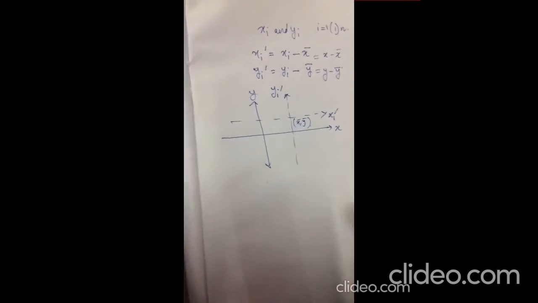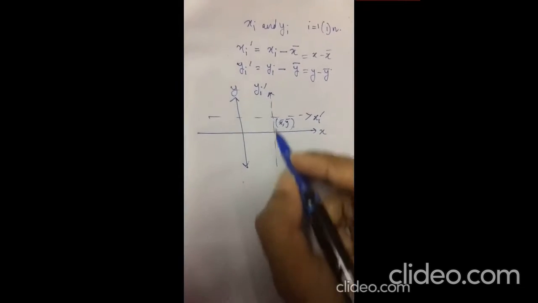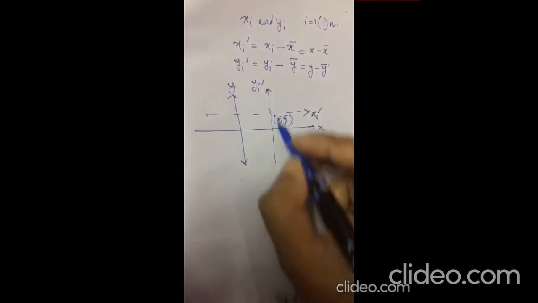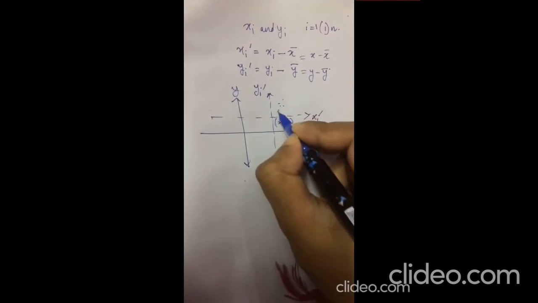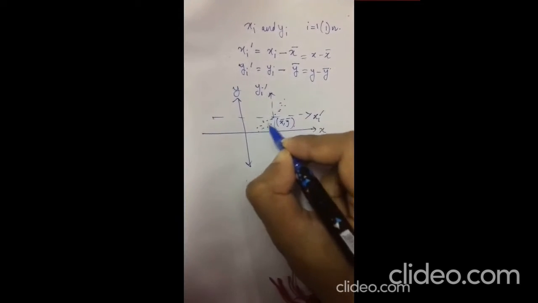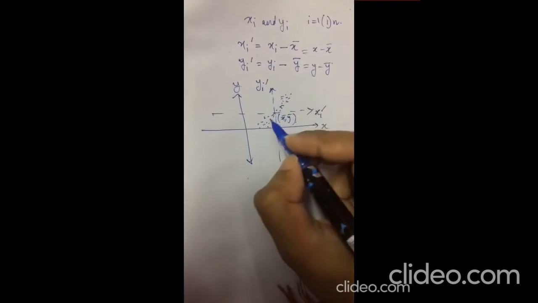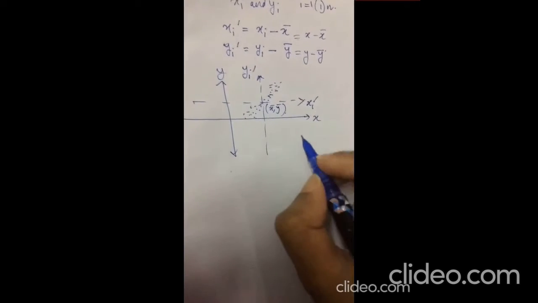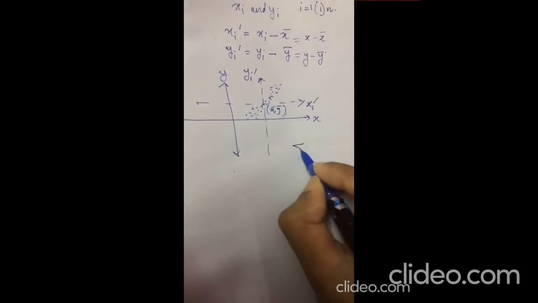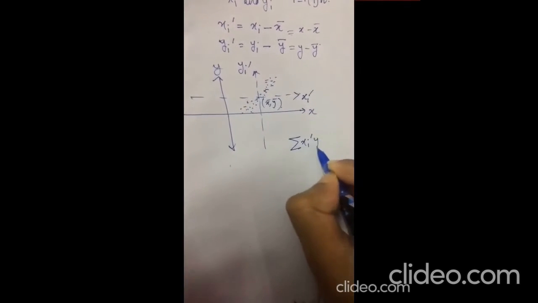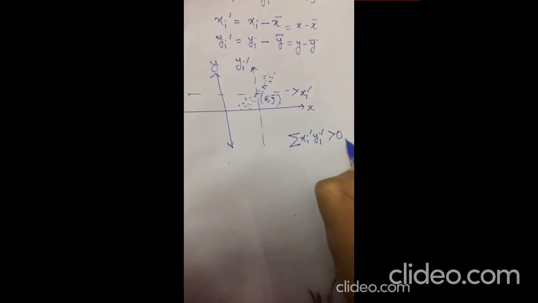Now if most of the values lie like this, that means in the first and the third quadrant, so what does that mean? That means the summation of xi prime yi prime will be positive.